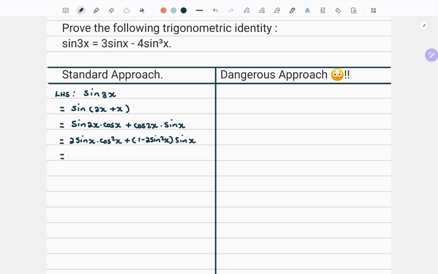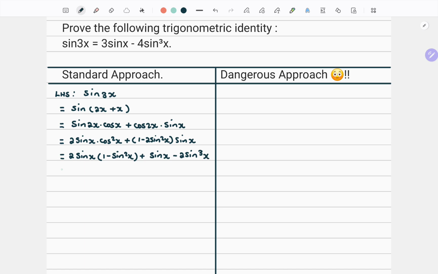We continue. We get here 2 sine x into, we don't want a cos, so using our double angle identity, this is what we end up with. Plus we fold this out, we get sine x minus 2 sine cubed x, okay?